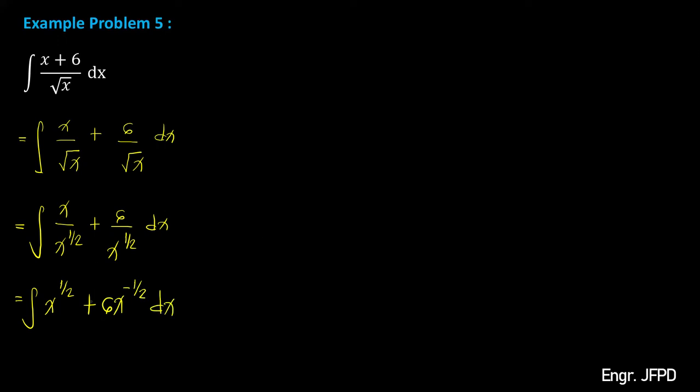Applying the rule for the algebraic sum, this is now equal to the integral of x raised to 1 half dx. Then, for the second term, we can factor out the constant 6, and this is the integral of x raised to negative 1 half dx.